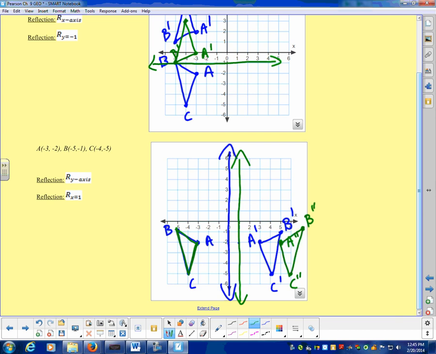So you should have a triangle that's the same size as the original triangle, but it's shifted over a bit because we moved the vertical line over a bit, right? All right, any questions on that?